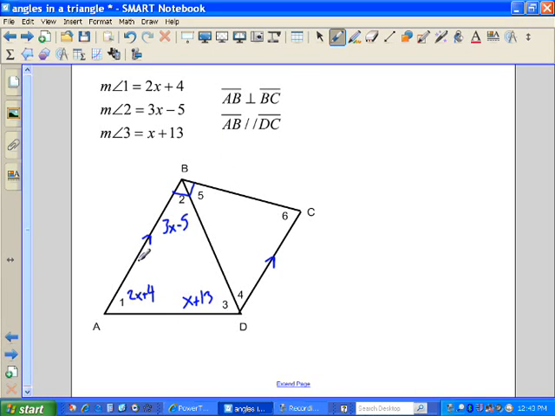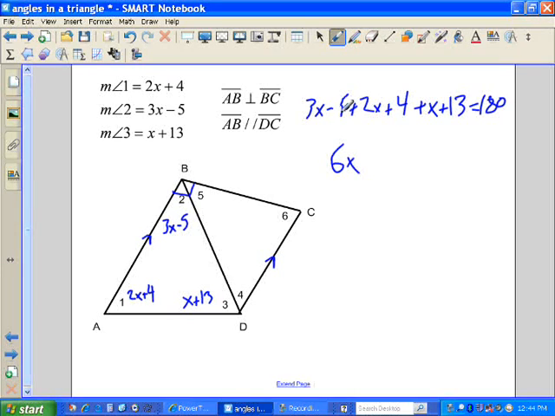All right, here's the thing. We know that these three angles add up to 180 degrees. So we're going to add them up. 3x minus 5 plus 2x plus 4 plus x plus 13 equals 180. Combine our like terms. I've got 3x plus 2x plus another x, so that's 6x.